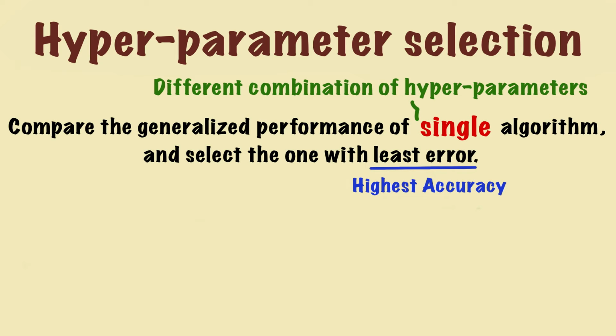Next, cross-validation in hyperparameter selection compares the generalized performance of a single algorithm and selects the one with the least error. It's quite similar to before, except we now only have one candidate algorithm and multiple candidate hyperparameters.